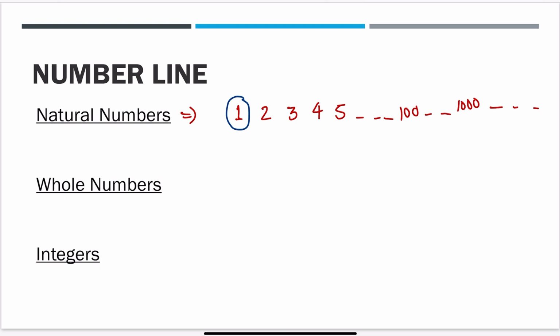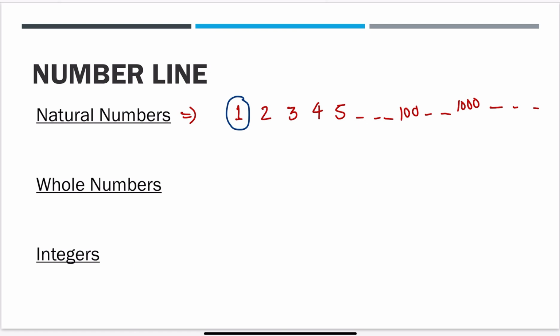If someone asks you what is the series of natural numbers, you will say 1, 2, 3, 4, 5, right? If someone asks you, is -3 a natural number? No. Why? Because the natural number series starts from 1, right? If someone asks you, is 1.5 a natural number? No. Because natural numbers are only non-decimals. I hope it is clear.